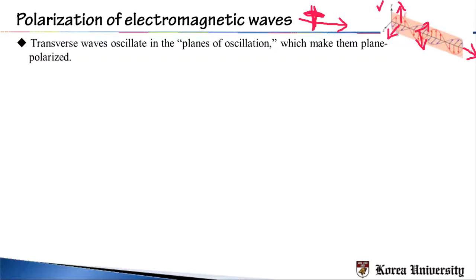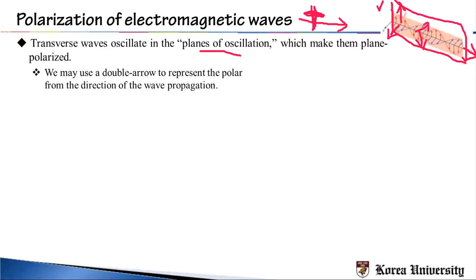Okay, and now let's think about this electric field. Their oscillation always happens within a certain plane like this, so we call it the plane of oscillation, and it makes them plane polarized. Now let's assume that we are observing this from the direction along x, and you will see the electric field oscillating this way.